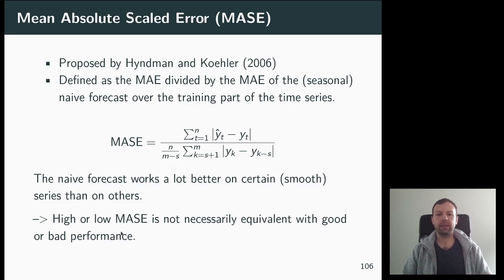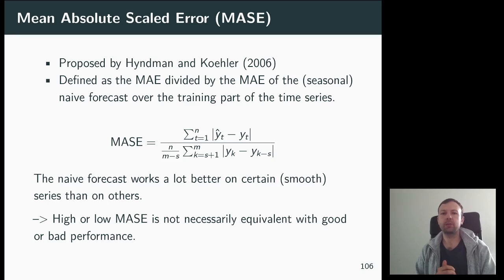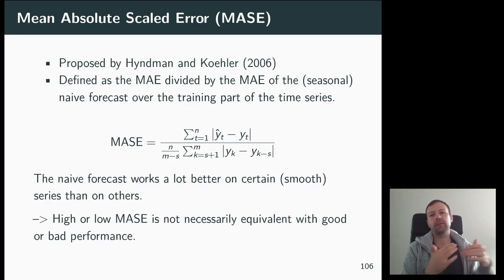So that means that a high or low MASE is not necessarily telling you something about how good or bad your model is. It's also telling you about how good or bad the naive forecast is. But obviously, it works well to compare different models on the same series.